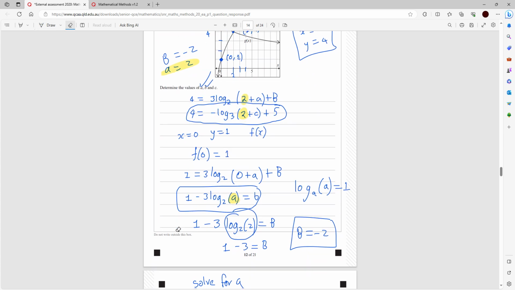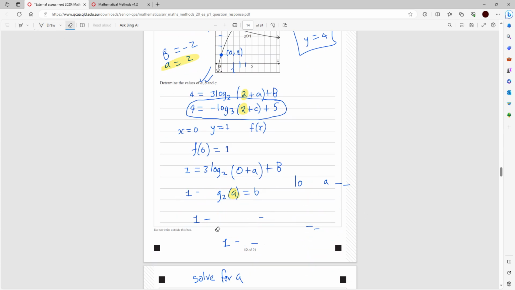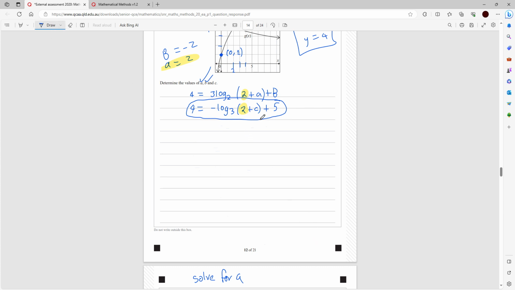Right, I'm going to rub the rest of this stuff out because I don't need it anymore. And I'm going to try and find c now using this equation I've circled. So, once I rub this out, let's solve this for c.